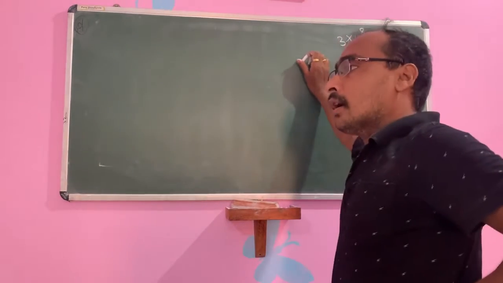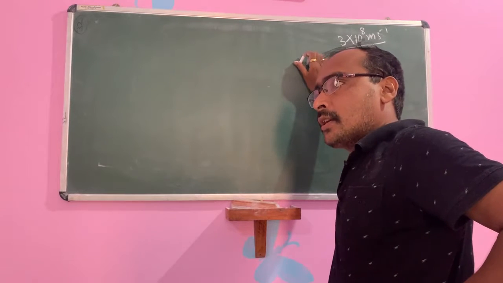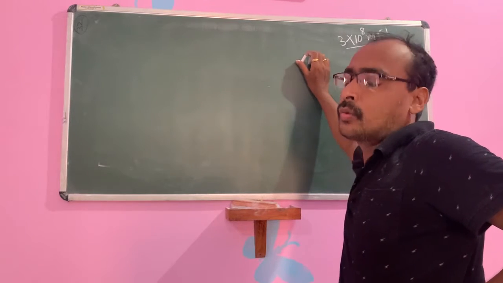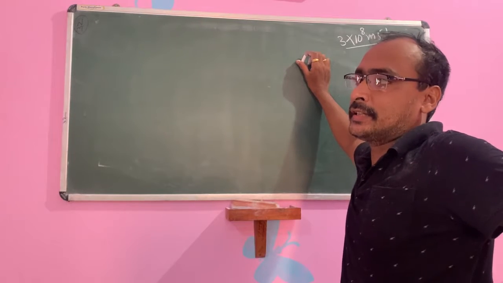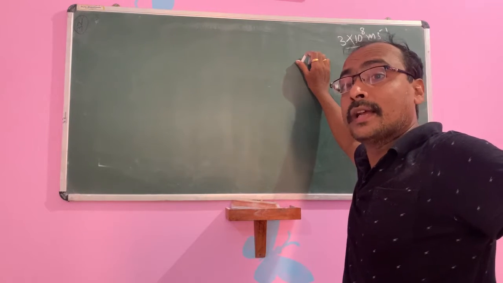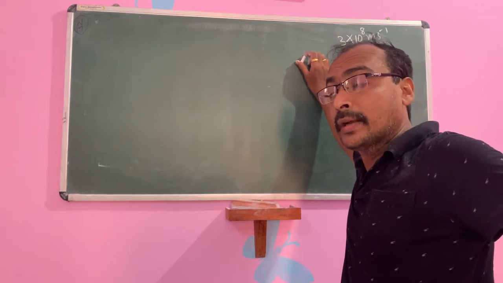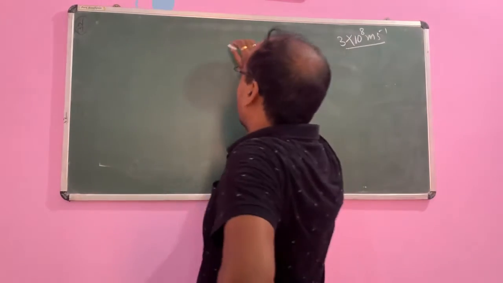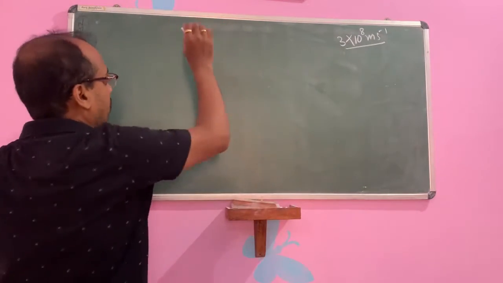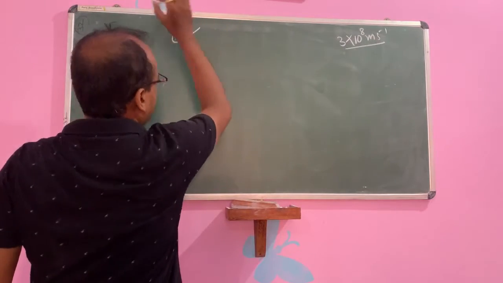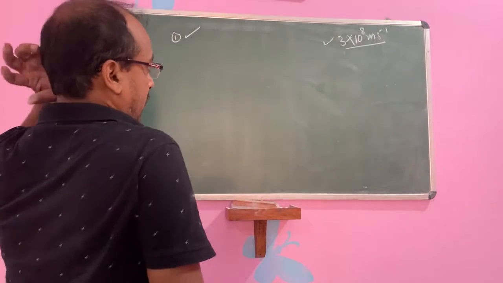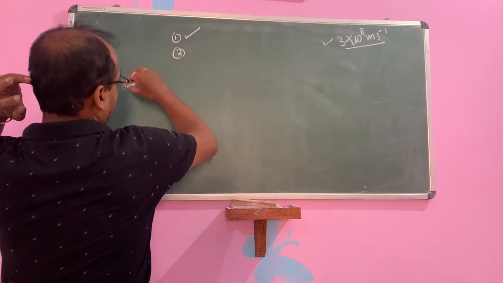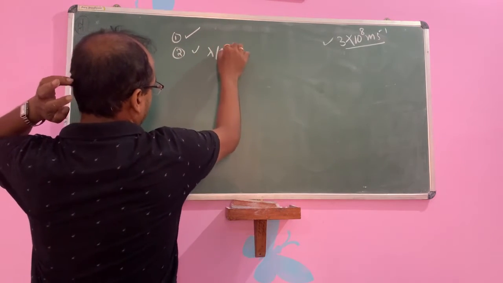So all the electromagnetic radiations differ in their frequency and wavelength. This is the second characteristic. Then third characteristic, electromagnetic radiation does not require any medium. First, the speed is 3 into 10 to the power 8 meter per second. Second, the difference in wavelength and frequency.